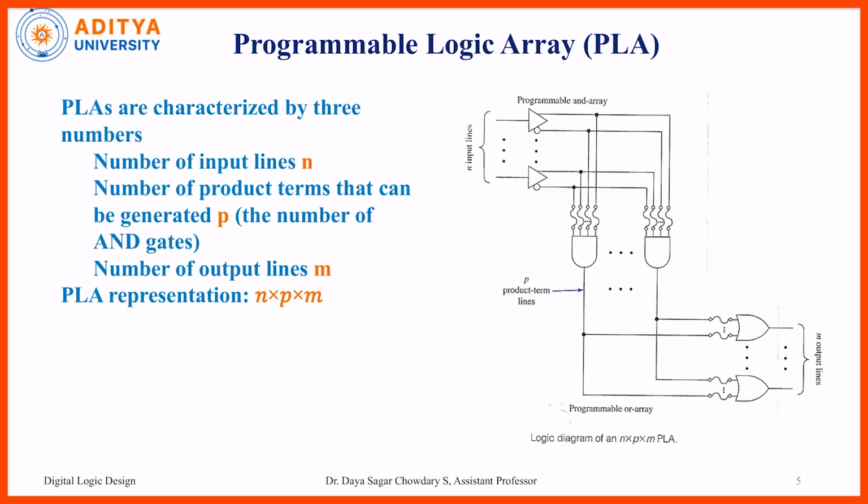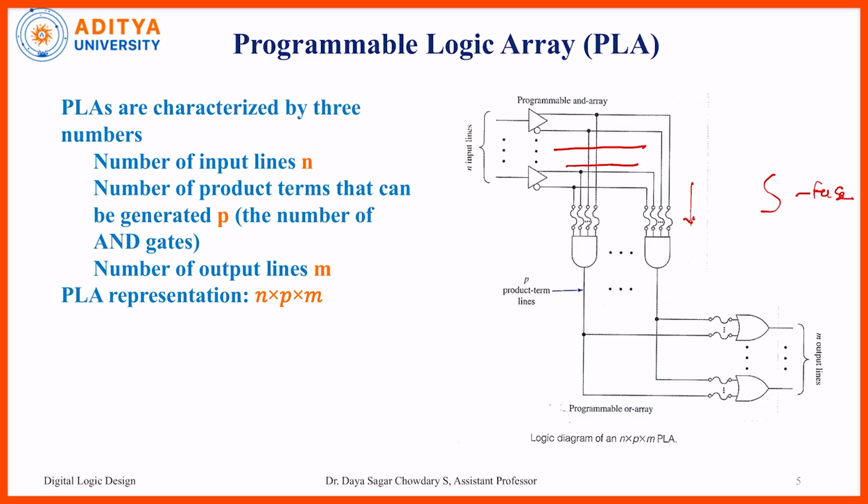Now the programmable logic array, this is the simple circuit again. All the inverter outputs are given to the AND gates. Each AND gate input contains this type of symbol, which we call a fuse. That means these fuses are already given in the circuit, so we call this a pre-installed or pre-defined circuit.